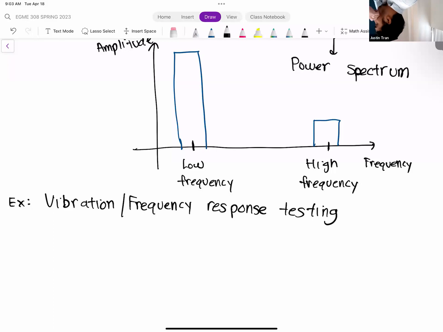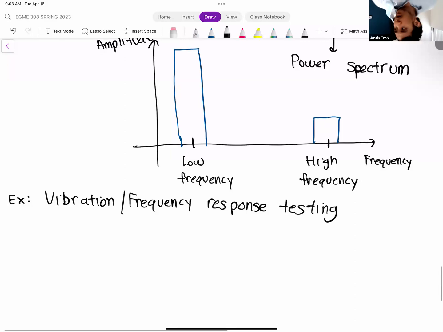Okay. So every structure, every object in the world, has a resonant frequency. And if you recall, we discussed frequency very early in class, that if you force an object at its resonant frequency, it's basically going to break.